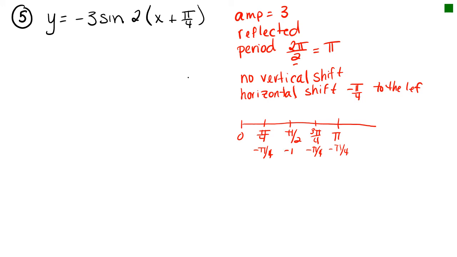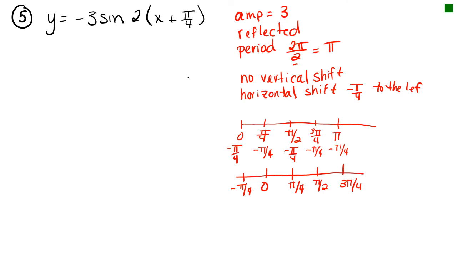Here we go. All right, so our new ones are going to be 1, 2, 3, 4, 5, negative pi fourths, 0, pi fourths, 2 pi fourths, which is pi halves, and then 3 pi fourths. All right, so our original, we subtract the shift, and then there's our new.